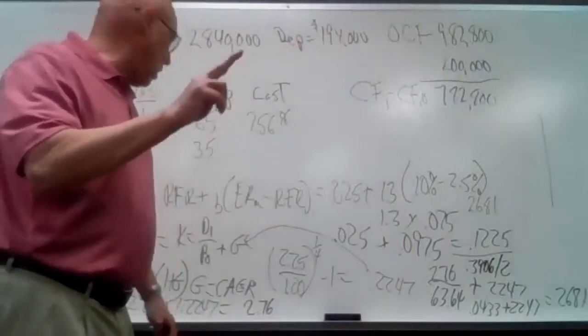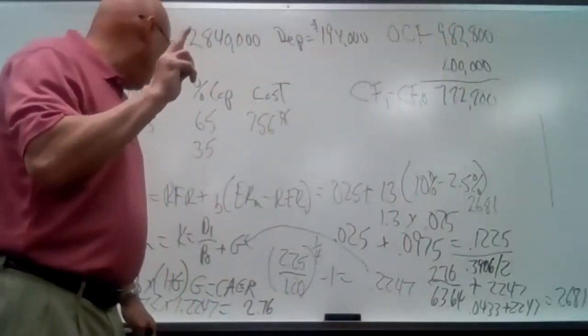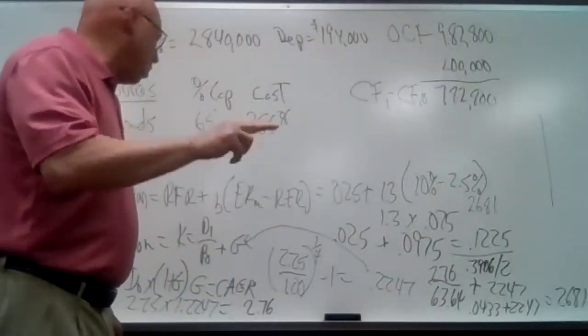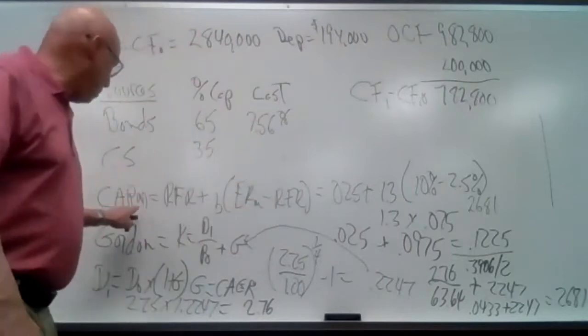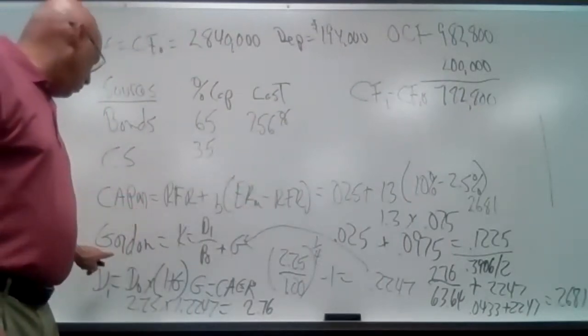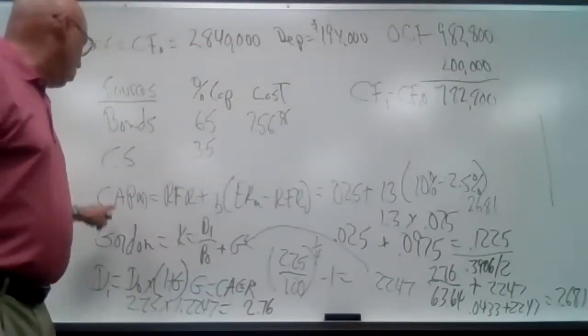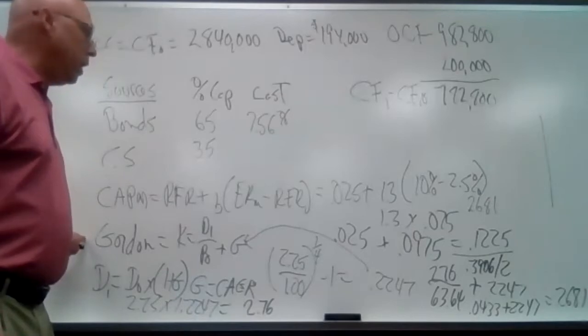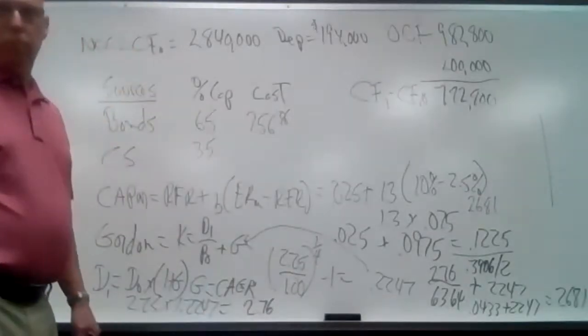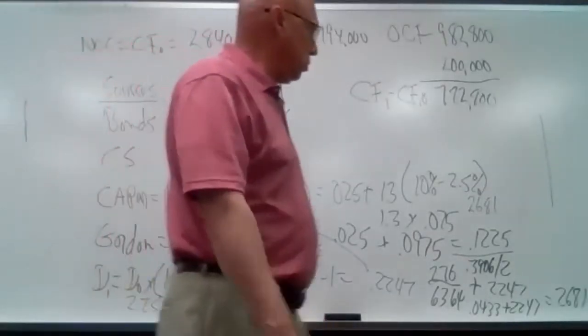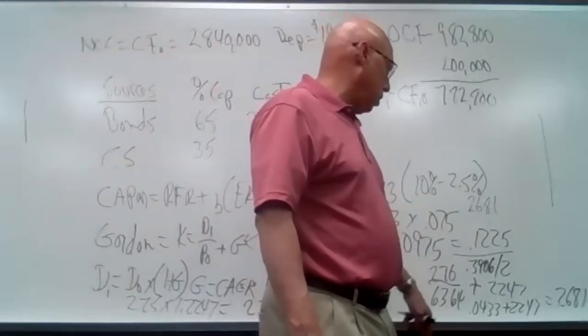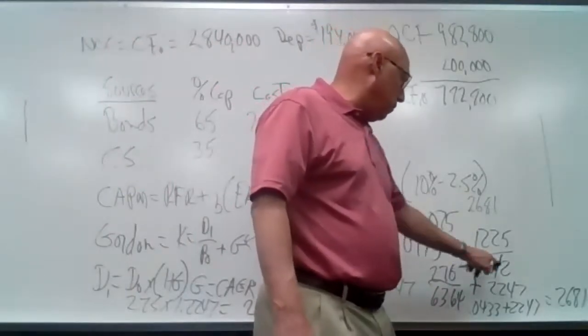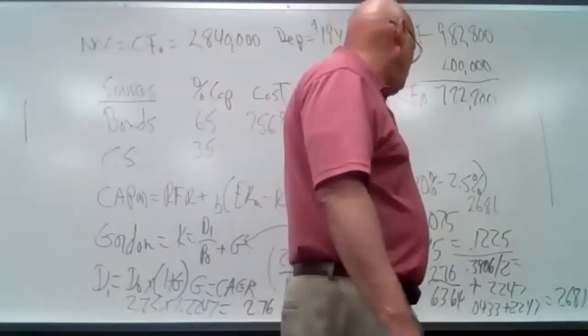There are 2 ways to get our cost of equity. One is CAPM, and the other is Gordon. So we're going to do it both ways, and then we're going to average them, because we got 2 very different numbers. This is much higher than this. So we're going to add them up and divide by 2, and what do we get? 0.1803.